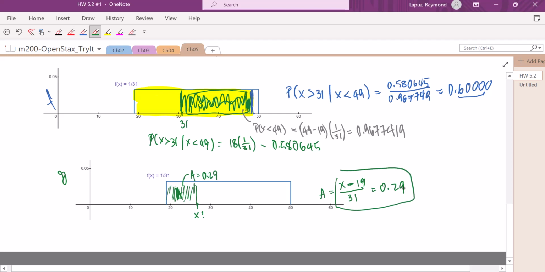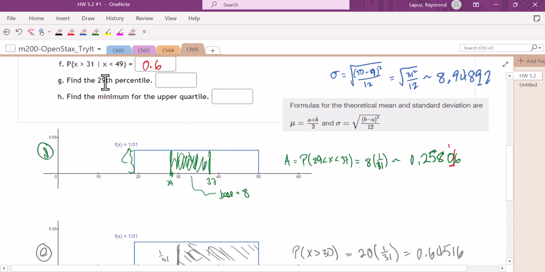We'll bring the 31 over to the other side and add 19. So x is equal to 0.29 times 31, and then we add 19 to it. So 0.29 times 31 plus 19 is 27.99.